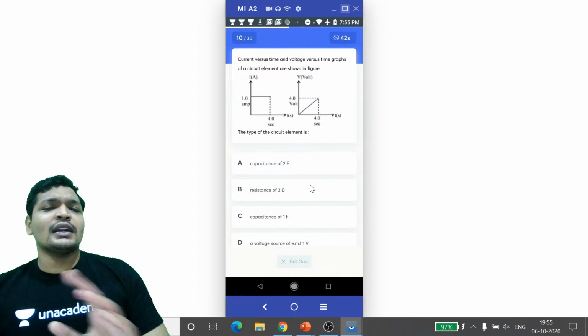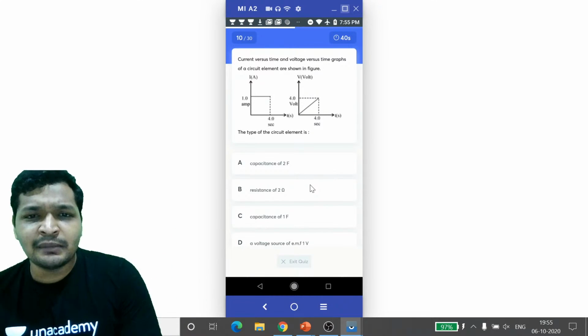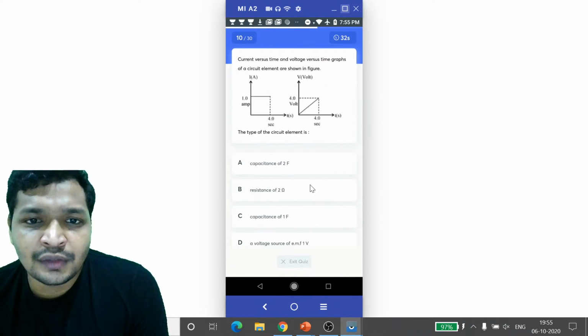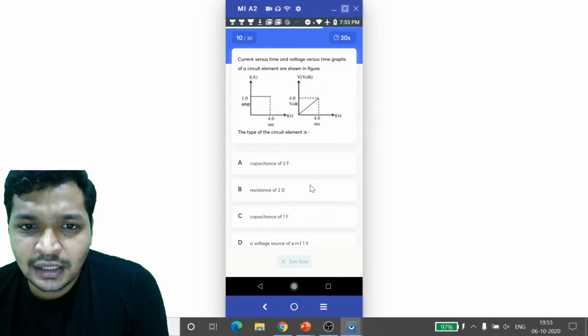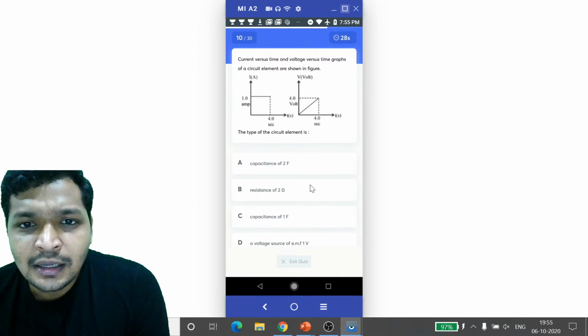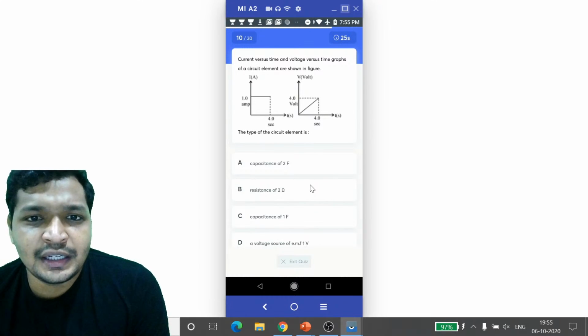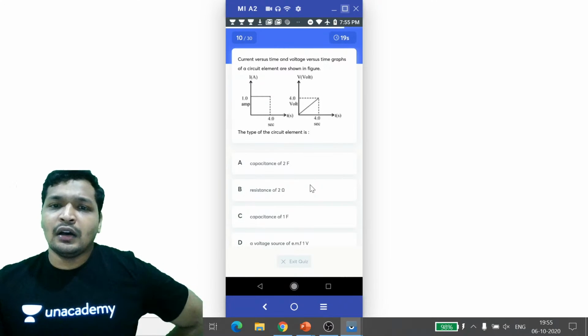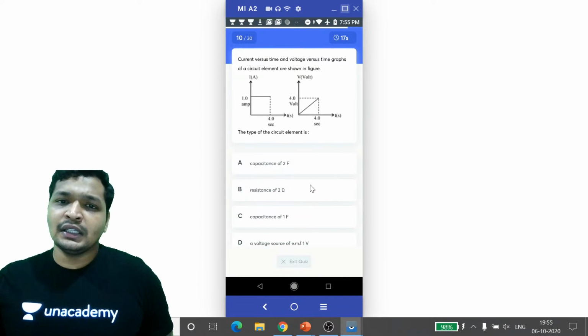And guys, do attend this question. It's a simple one. Current versus time and voltage versus time graphs of a circuit element are given to you as shown in the figure. Current is flowing initially until the 4th second, and the voltage is linearly increasing with time.